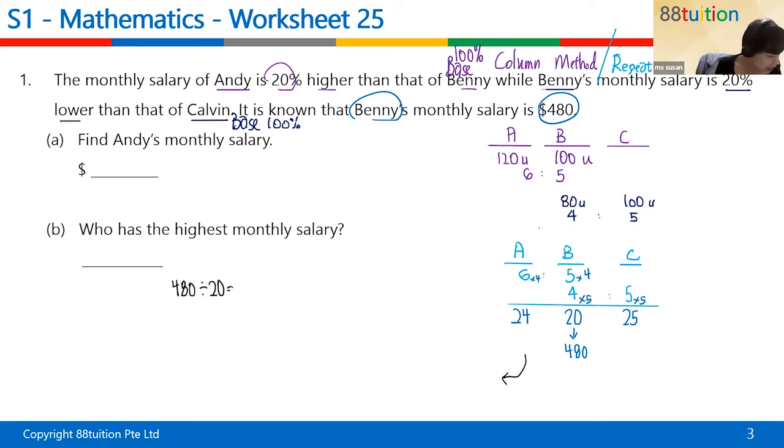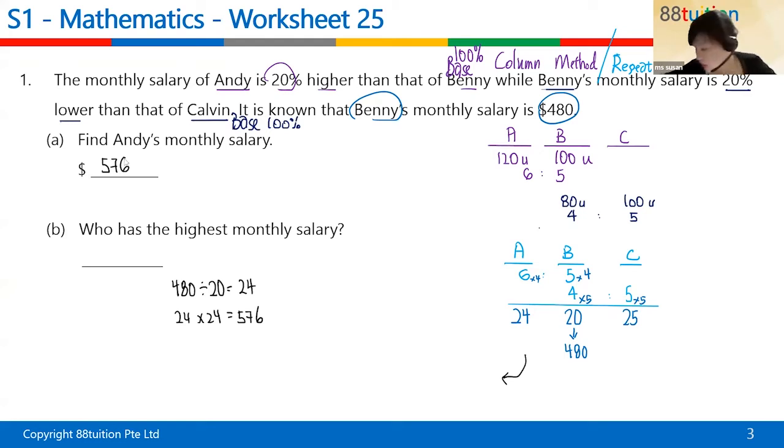What is 480 divided by 20? That will be 24 for each unit. And he wants Andy's salary, which is 24 units. So I get 24 multiplied by 24. That gives me 576.